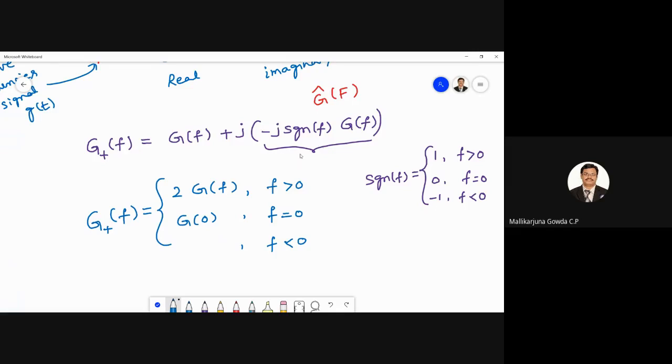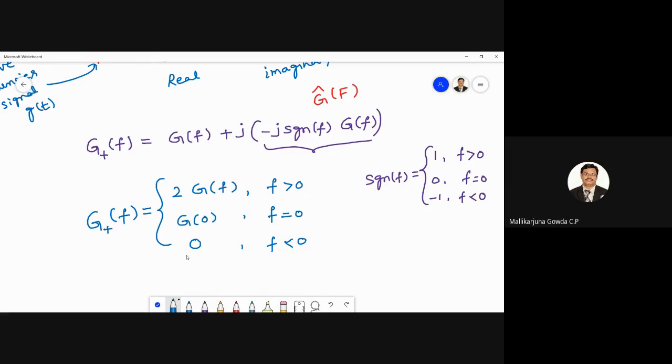Just substitute that, and the value is 0. So this is the definition of the pre-envelope in the frequency domain. I can write G plus of f is equal to 2 into G of f for f greater than 0. At f equal to 0, I get G of 0. And for f less than 0, it is 0 only.